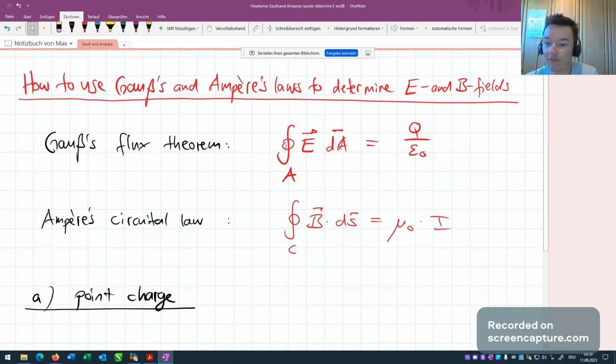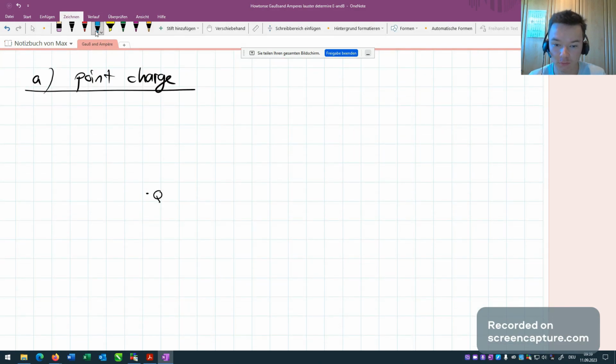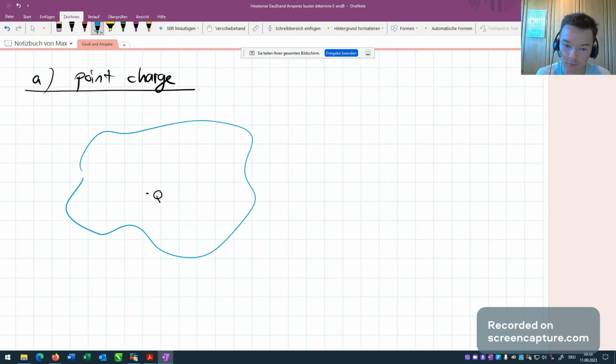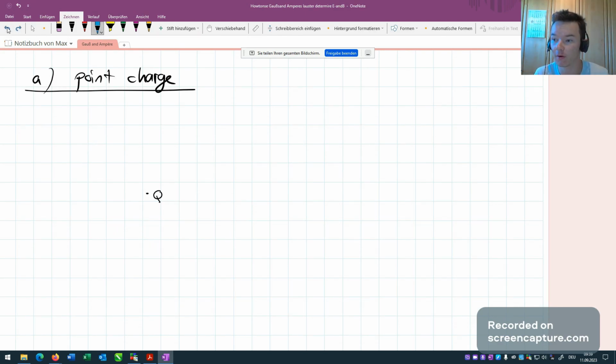So let's just define a closed area around the charge, because the point is, no matter which area you choose, the integral will always be the same value. That's the point of Gauss's theorem. So I can choose my area quite wobbly around Q, doesn't matter.